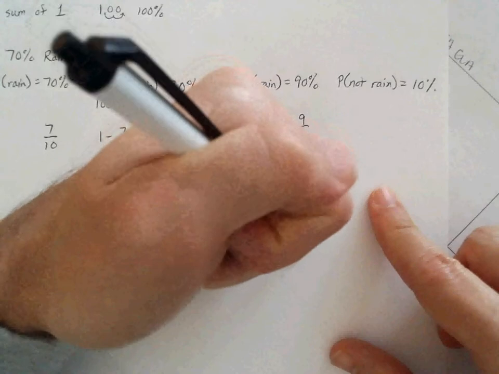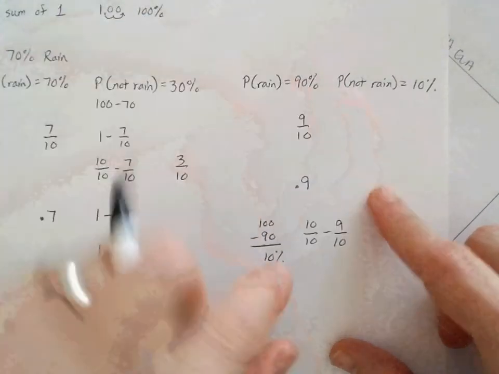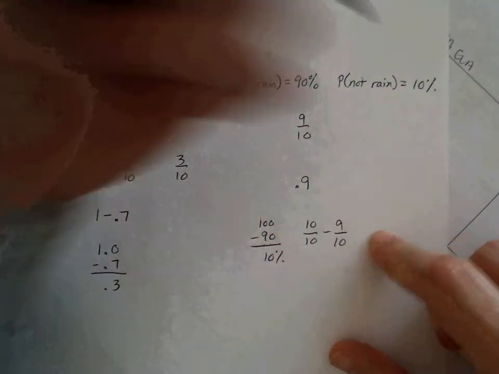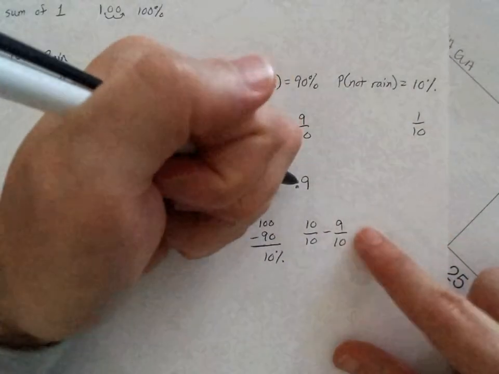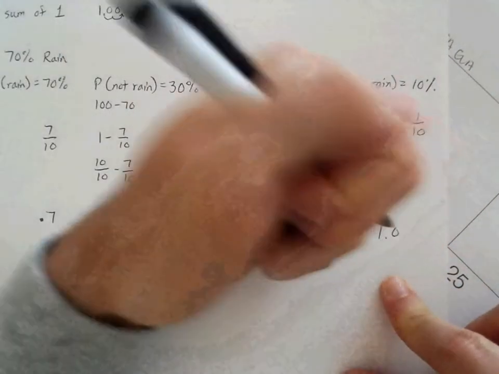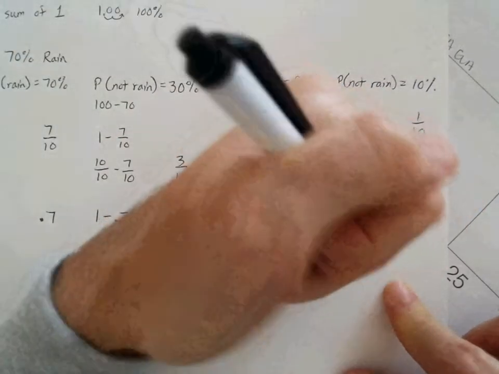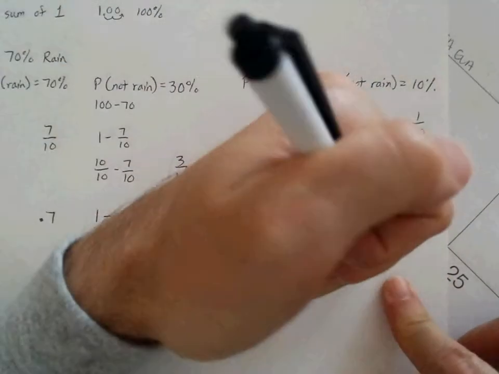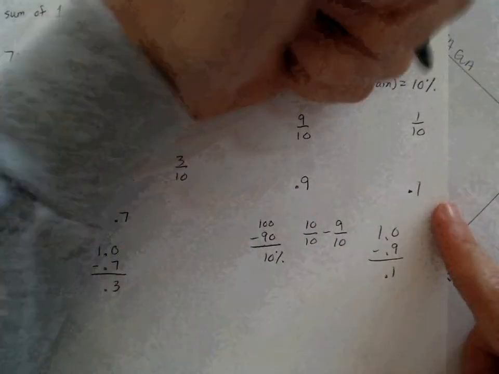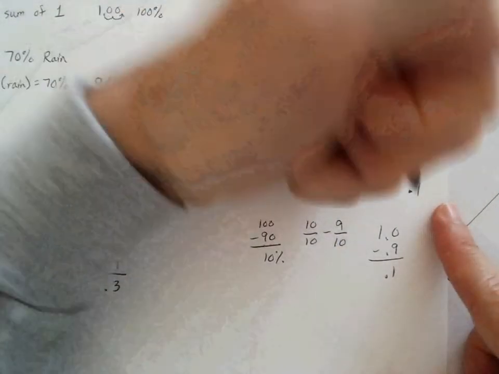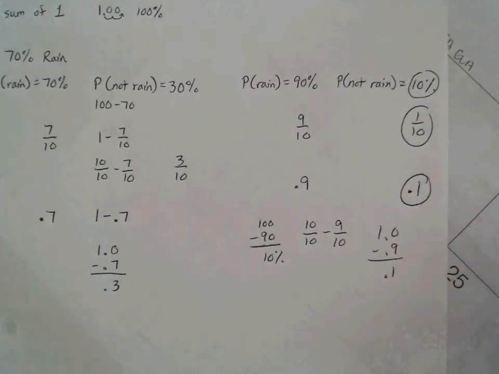So I would do 10 tenths minus 9 tenths. Remember, 10 tenths is the same thing as 1. Subtract that and you would get 1 tenth. And then finally, if it was a decimal, I would do 1.0 minus 0.9. In other words, 1 and 0 tenths minus 9 tenths, and still get 1 tenth, or 0.1, as a decimal. So these should have been your 3 answers here.